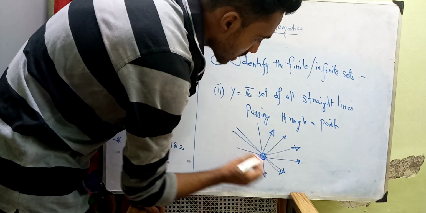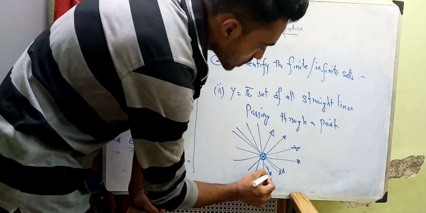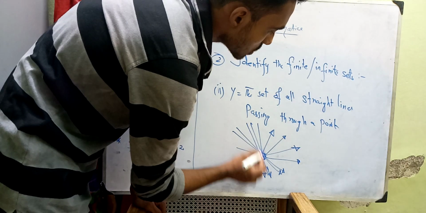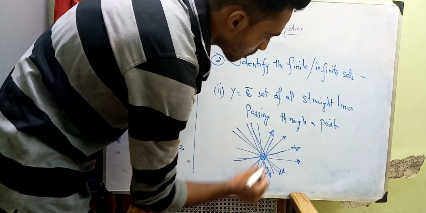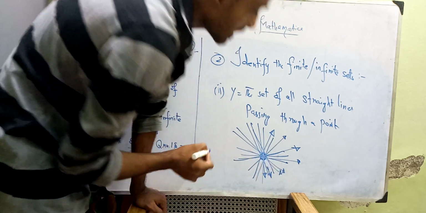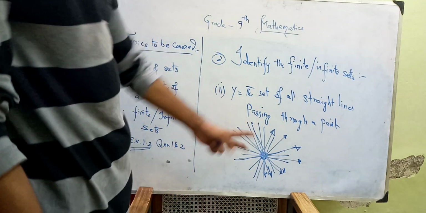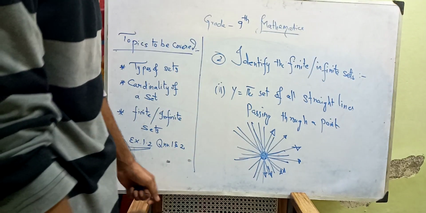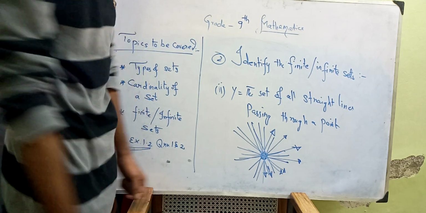In this way, how many such straight lines can be possible? There are infinite ways. We can draw infinitely many straight lines via one point.